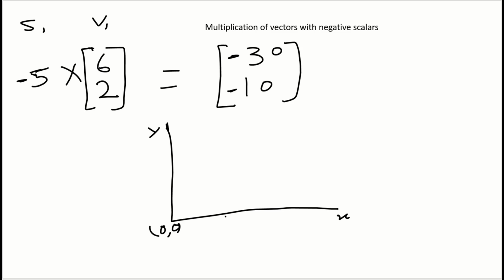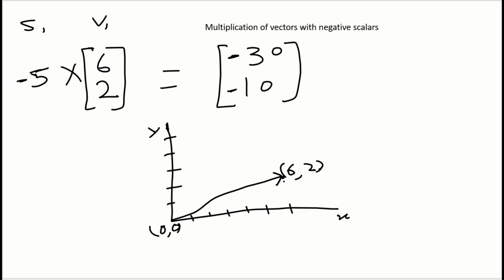So x would be somewhere around 1, 2, 3, 4, 5 and 6, and y would be 1, 2, and so the point would be somewhere here, 6 for x and 2 for y. So this is 6 comma 2.